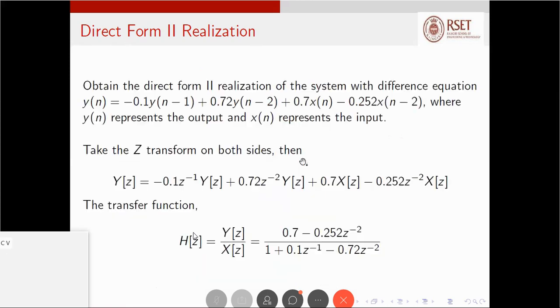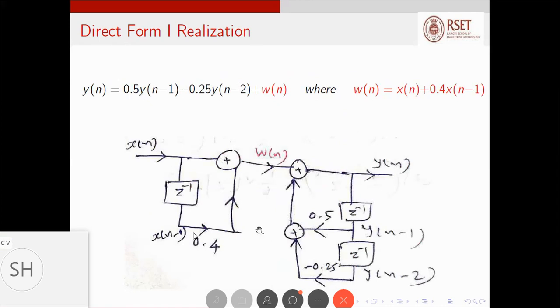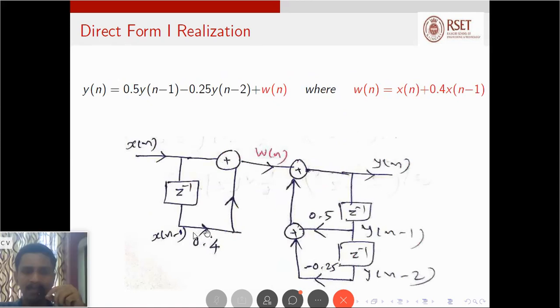If you are considering the IIR filter, you can see that the constants will be present in this case. You can see that 0.4. Similarly, in this particular example, the corresponding constants will be 0.5 and minus 0.25. So if you are taking the transfer function of this corresponding system, you will get the number of multiplications like m plus n minus 1 here.